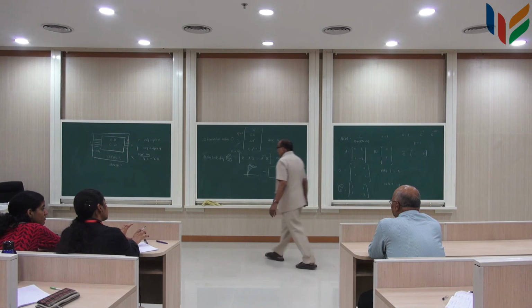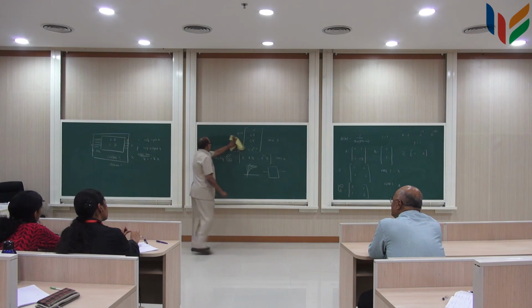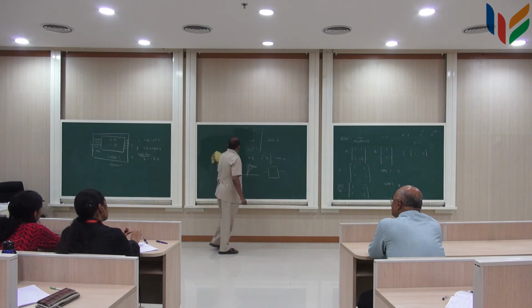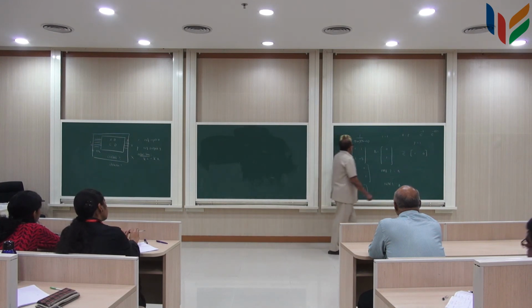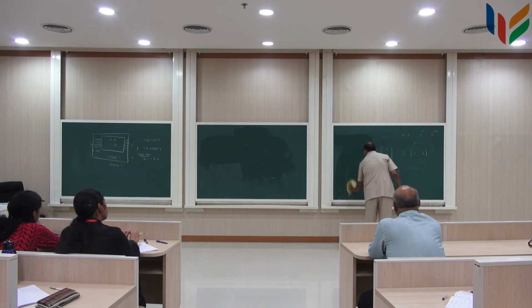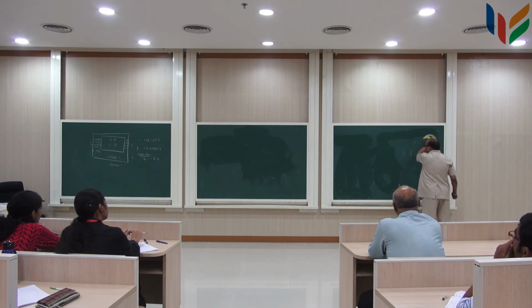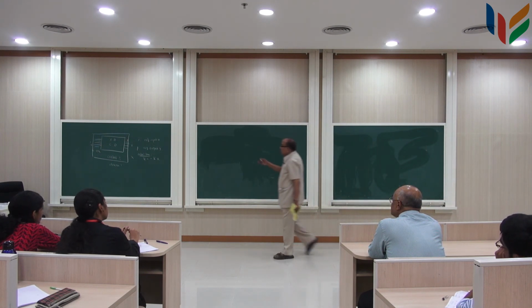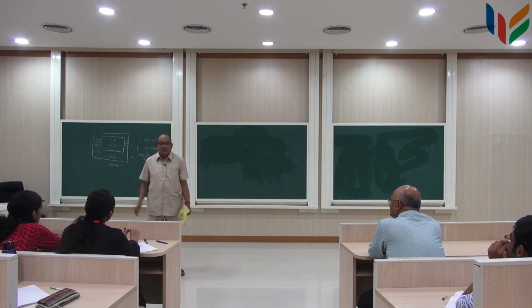Okay. Let me now proceed on some concept like this. I don't think I am able to give you a glimpse of this theory, but I am just introducing you to what the modern control theory is.